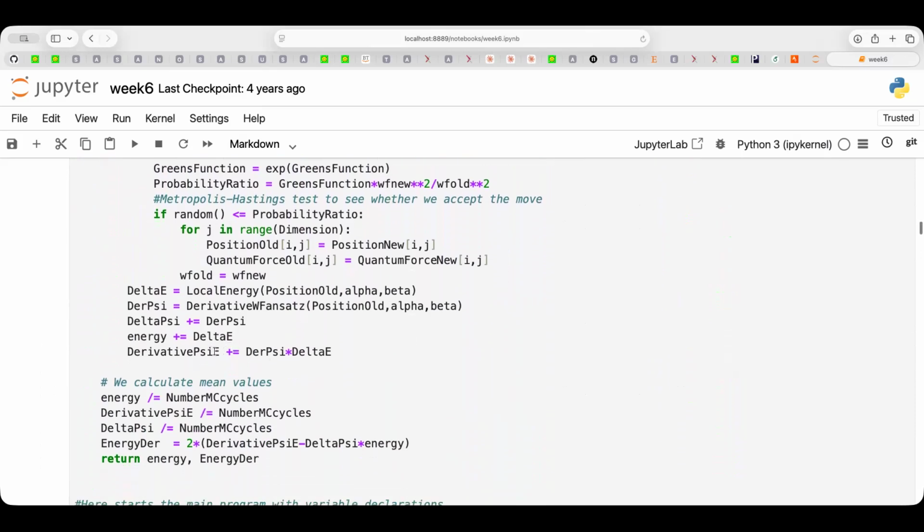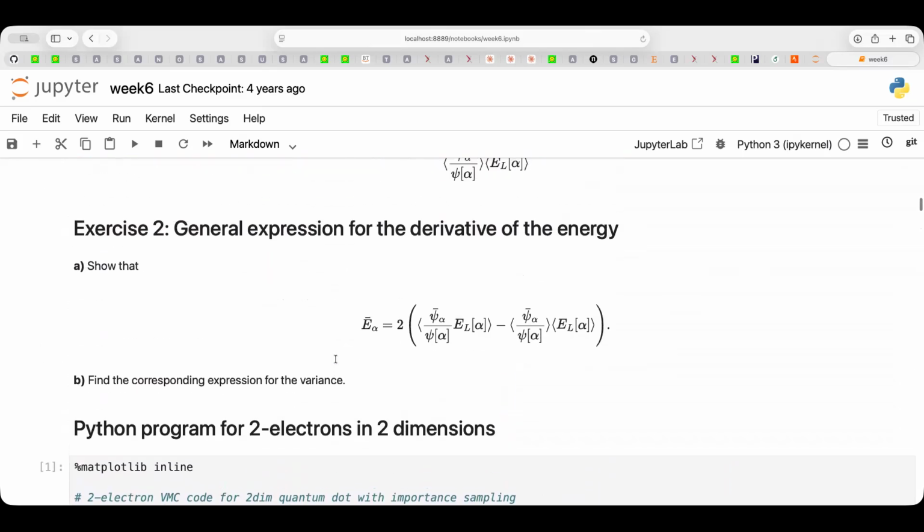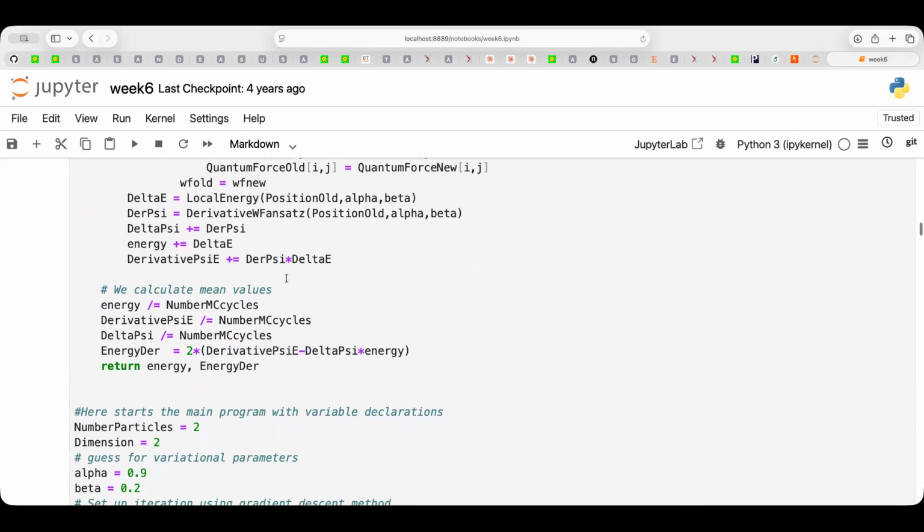So you see a derivative psi and E. This derp psi delta E is actually the term which you now see calculated here: local energy times the derivative of the wave function divided by the wave function. So with that, I have the ingredients which I need. And then I calculate the mean values. So my energy derivative is a mean value, an expectation value, because I'm calculating the integrals in a stochastic way. And here you see I have the energy divided by the number of cycles, the derivative psi E, that's one of the integrals, delta psi, one of the other ones. And then I put everything together, and this returns the derivatives.